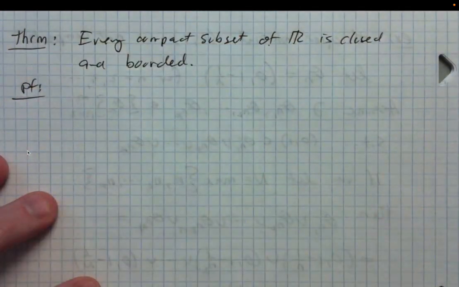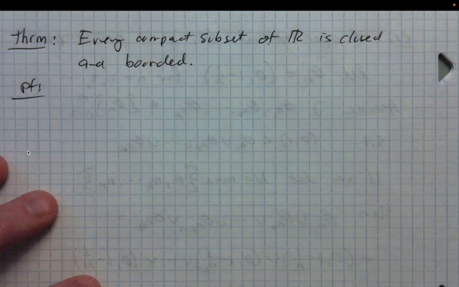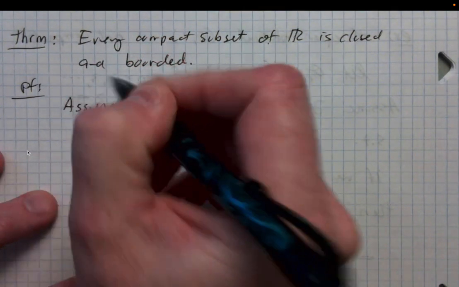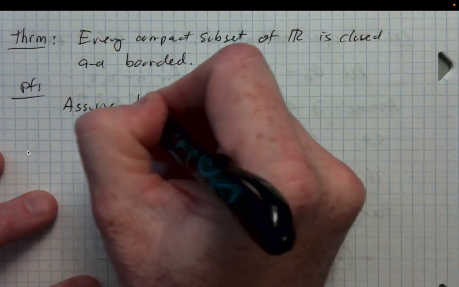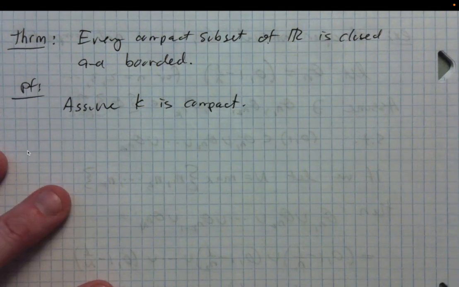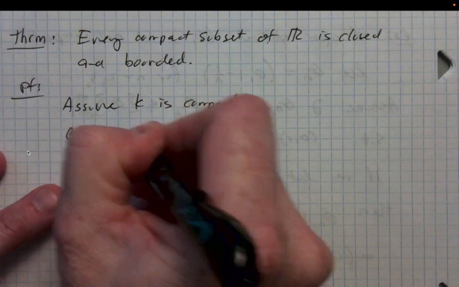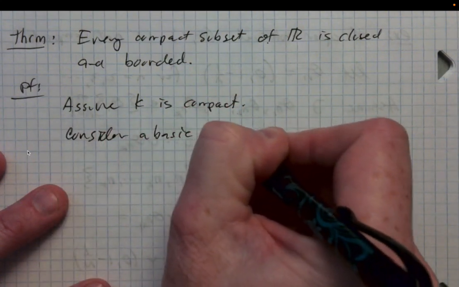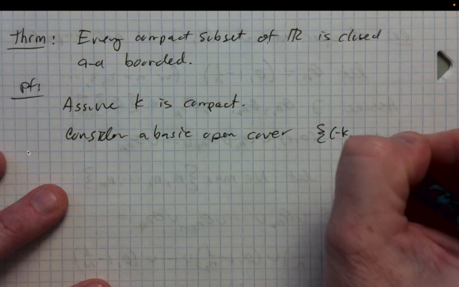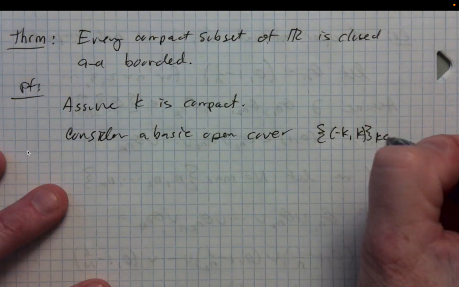So we'll start by just showing that every compact subset of R is bounded, and then secondarily we'll show that it's closed. The bounded part is very straightforward, I think. So let's assume K is a compact subset. And then consider a basic open cover that looks like this: (-k, k), open intervals, obviously, for k natural numbers.